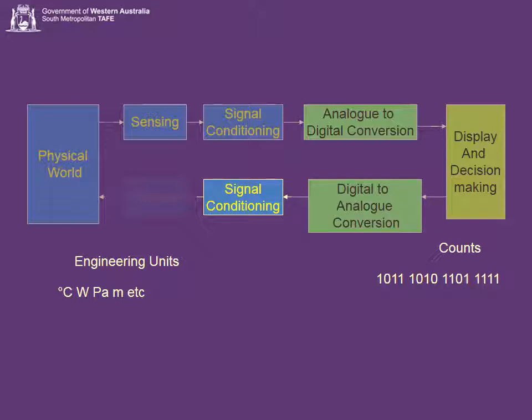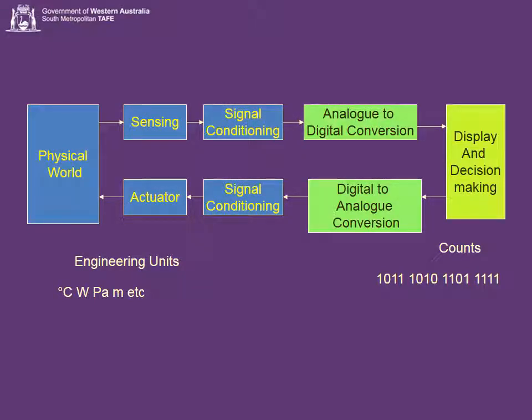Then from the DAC, we output a voltage, 0 to 10 volts. And that voltage goes to an actuator, a valve, or a VSD, or something which actually changes things in the real world. And that then changes the real world, and that's our complete loop.